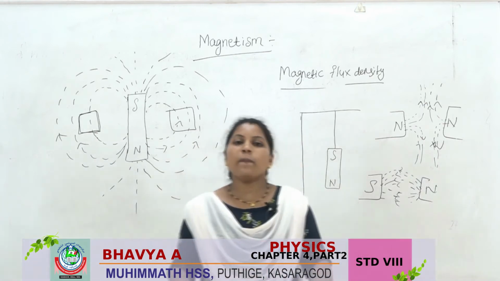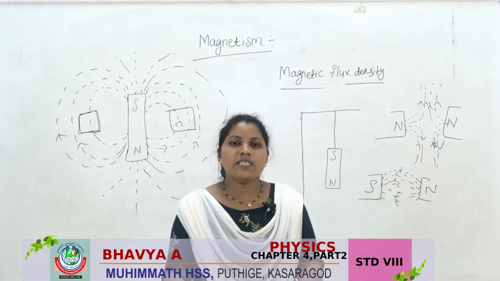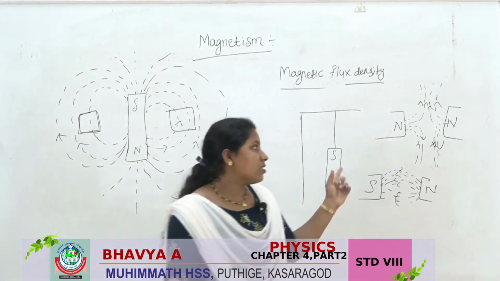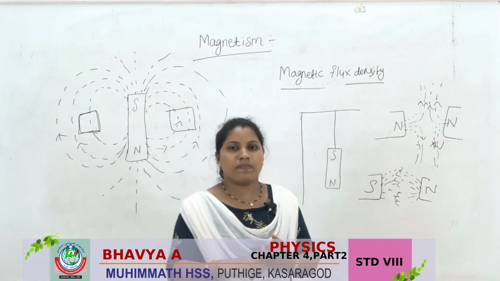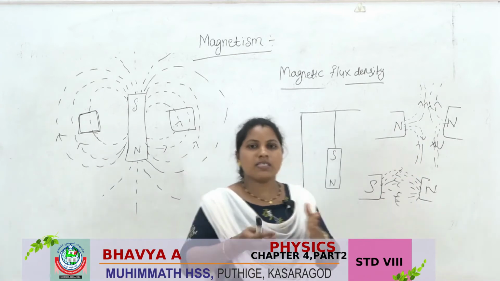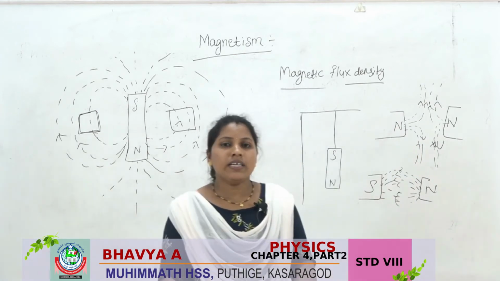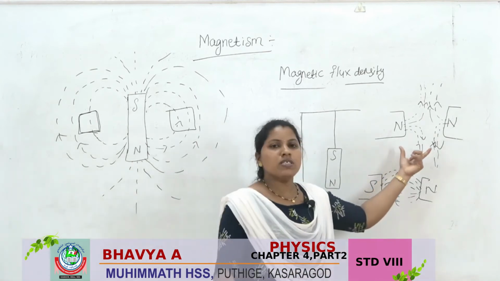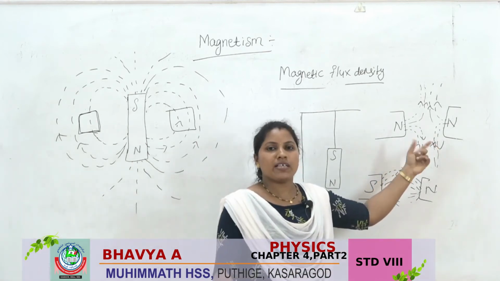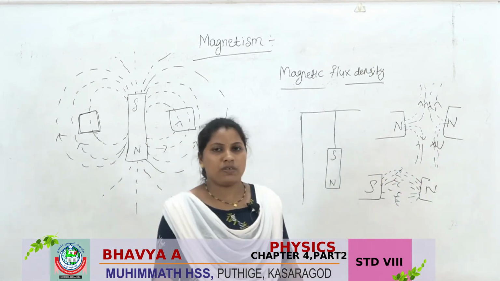What is the peculiarity of these magnetic field lines? They do not coincide with one another; they separately divide. In like poles, the magnetic field lines bend in a sideways direction.